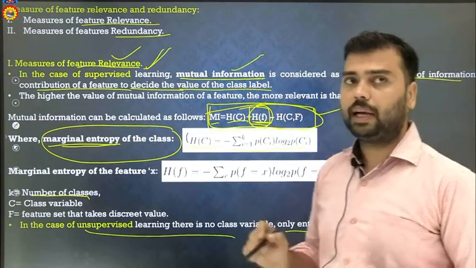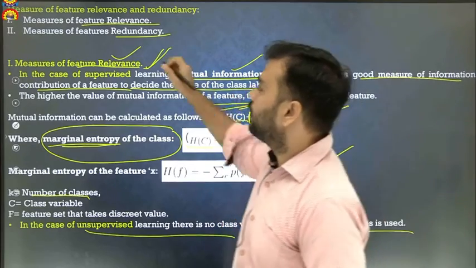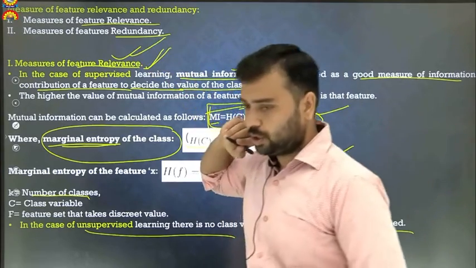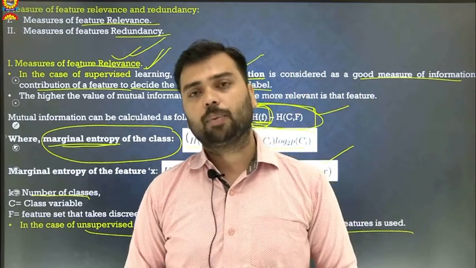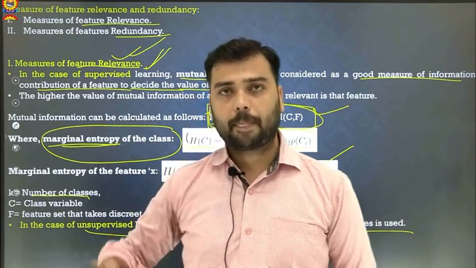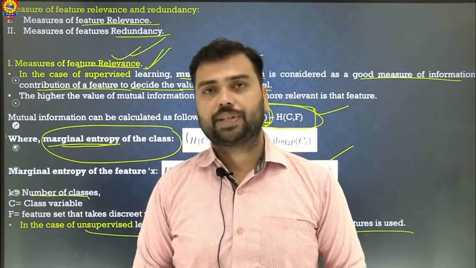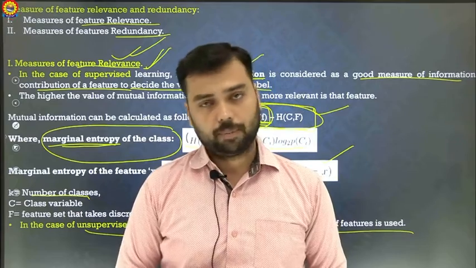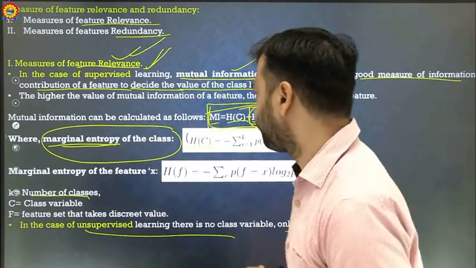So with the help of this formula, we can measure the relevancy of the features. So what is the use of it? By finding the relevancy of the features with the target value, we can identify which features are important and which are not important, and we can drop the variables which are not much relevant.